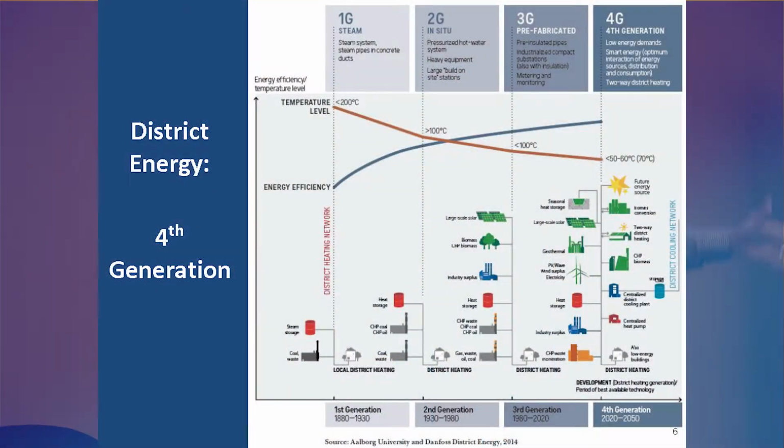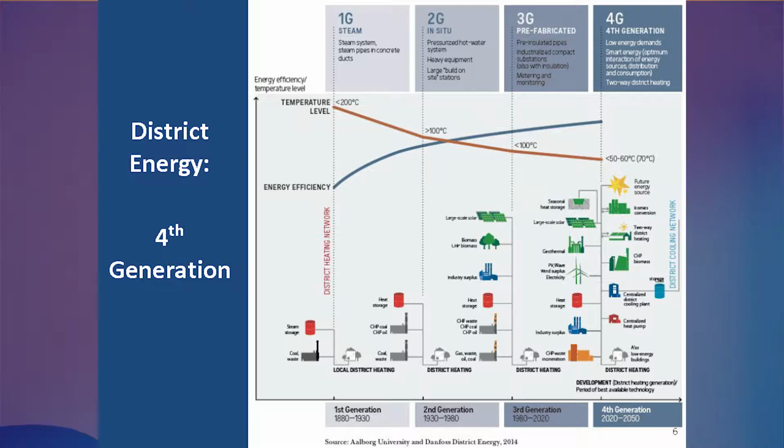But basically this slide takes us from the left-hand side in what's called the first generation systems, which started roughly around 1880, and moving to the right to the fourth generation, which is roughly 2020 and beyond. A little anecdote here, apparently London, Ontario, in the 1880s had the first district energy system in Canada, and it distributed heat to the neighboring government, university, and hospital facilities.